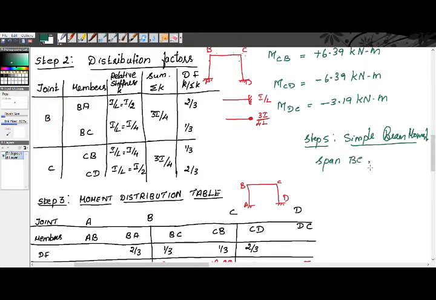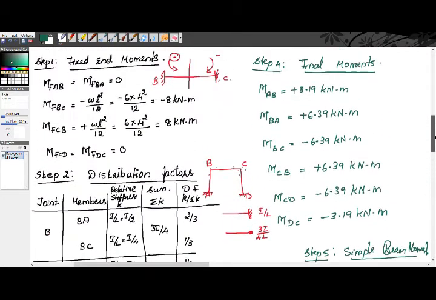For the span BC, there is a UDL of 6 kilonewton per meter. So our simple beam moment M max will be equal to WL square by 8. So it is 6 into 4 square divided by 8. We get 12 kilonewton meter. So with this, we will draw our bending moment diagram and a deflection diagram.